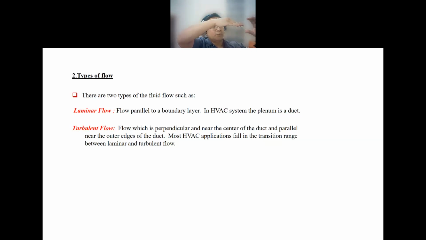So in the turbulent flow there will be different velocity. That's why we get the turbulent flow. Flow which is perpendicular near the center of the duct and parallel near the outer edges of the duct. Most hatchback applications fall in the transition range between laminar and turbulent flow. Actually already informed in the text, the transition range.